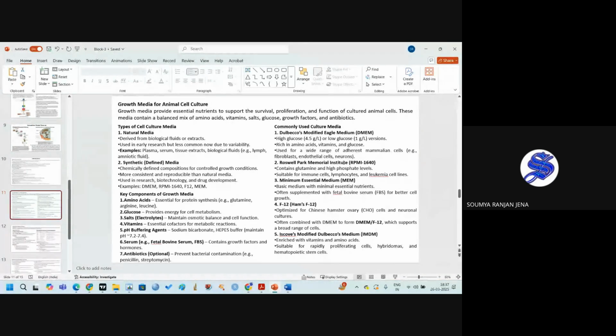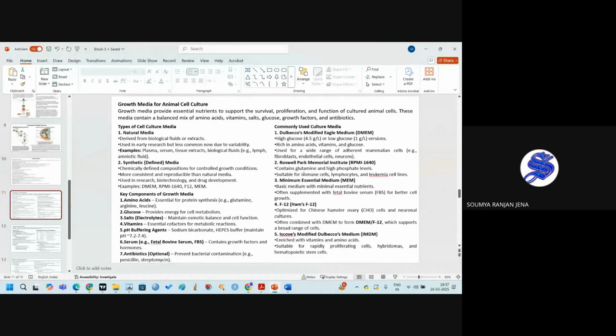The next one is Roswell Park Memorial Institute, that is RPMI 1640 synthetic medium. In this, glutamine and a high phosphate level are maintained, suitable for immune cells, lymphocytes and leukemia cell lines. Because phosphate and glutamine are essential, and phosphate is required for the DNA synthesis process.